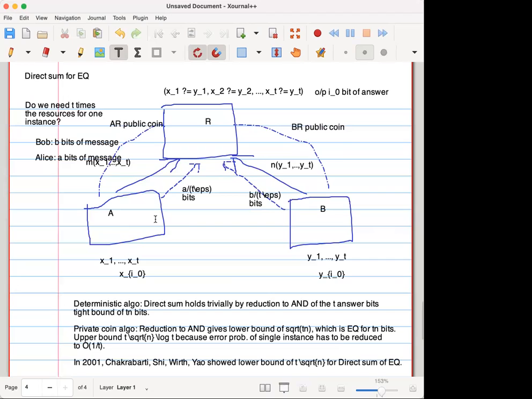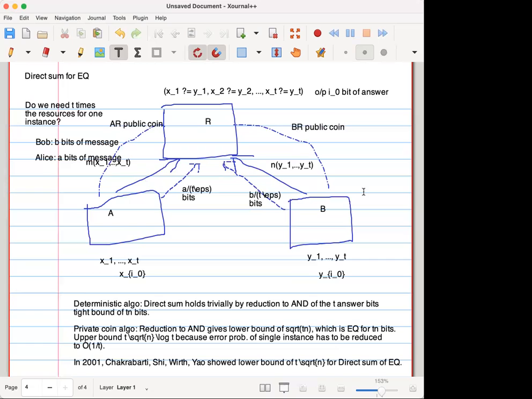So the idea is, here's a public coin using many bits. Now let us say I take t independent instances of this public coin. The error probability of this protocol was a small constant. So take t independent instances of the AR public coin and t independent instances of the BR public coin. What is the referee going to do?